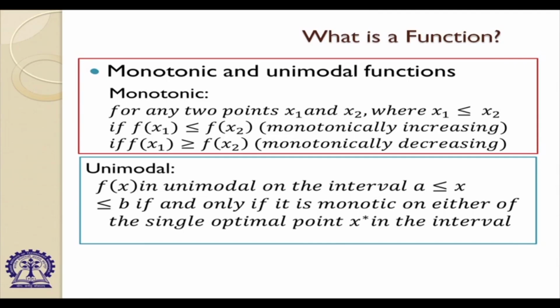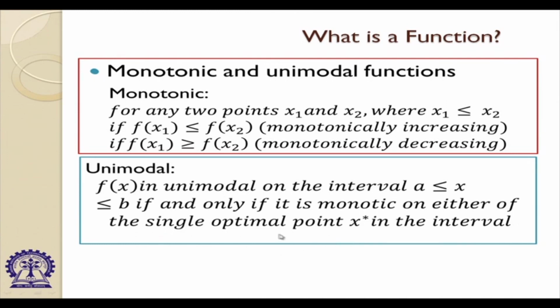Once again I am repeating. The function f(x) is unimodal within the interval a to b if and only if it is monotonic on either side of the single optimal point x star. I should not say optimal point.